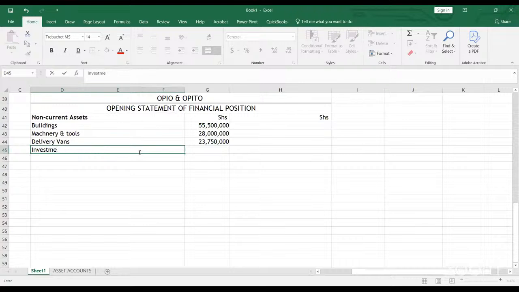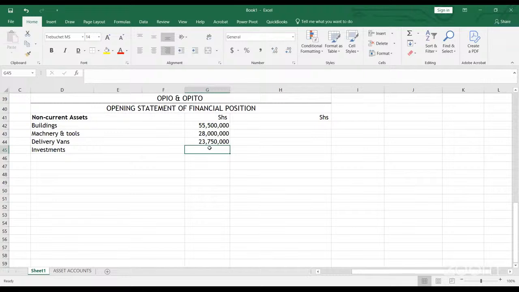Anyway, let me just put 0 investments. Do you know why? Because Opiso has taken all of them as part of the payment. So now there is nothing like investment here.